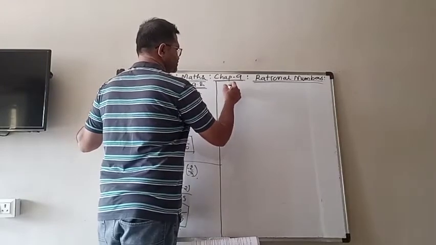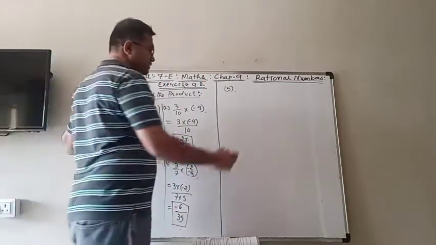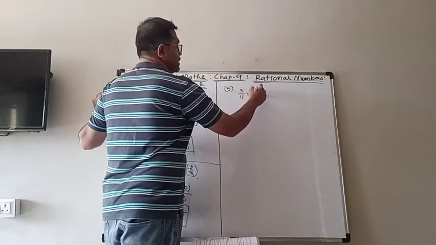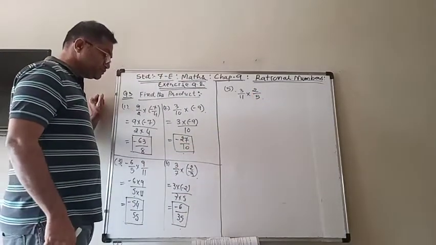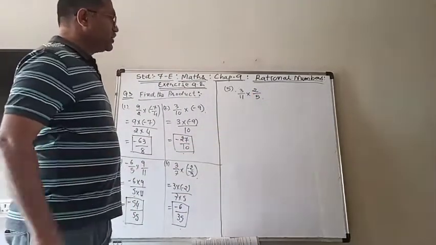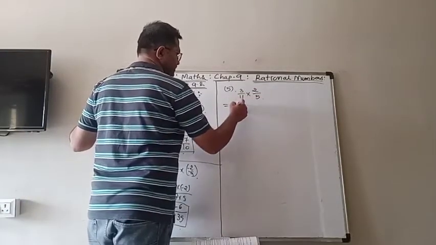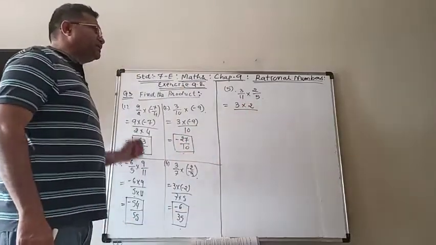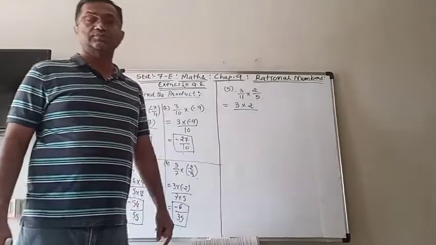Fifth one. The fifth one is 3 upon 11 multiplied by 2 upon 5. So here also it's very simple. The numerators are 3 and 2, so 3 and 2 are multiplied in the numerators as 3 multiplied by 2.